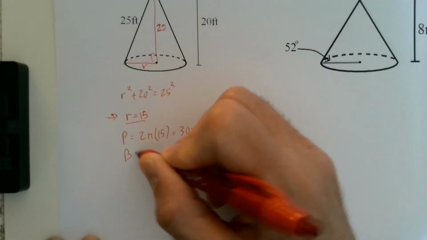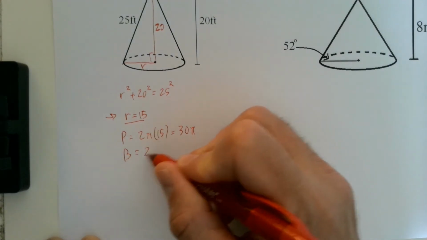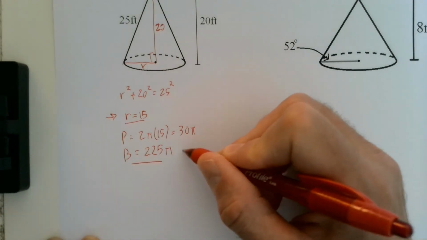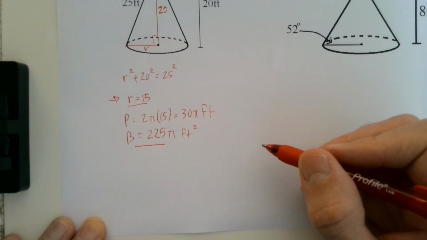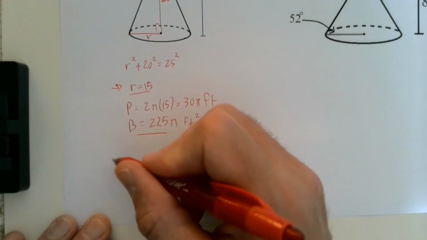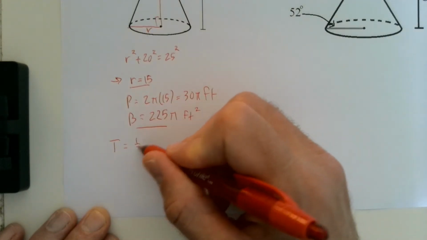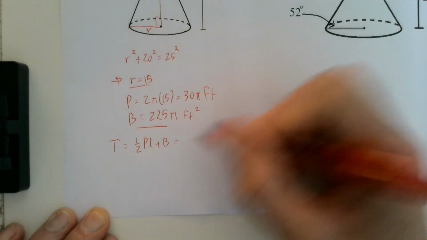And the area of your base is going to be 15 squared times pi. So it's all in feet. Now we just plug in. They wanted total surface area of each one. We'll say T for total. It's going to be, write out the whole formula so you memorize it by the time you have your tests.